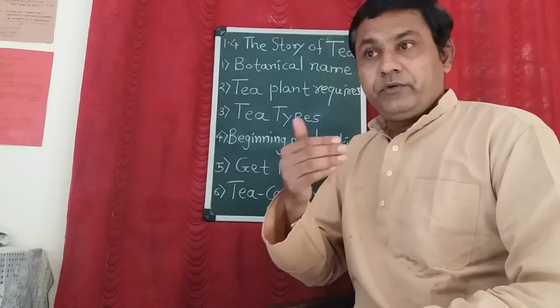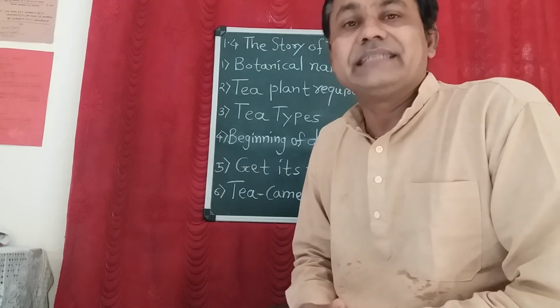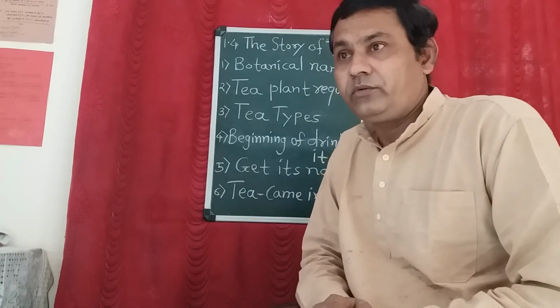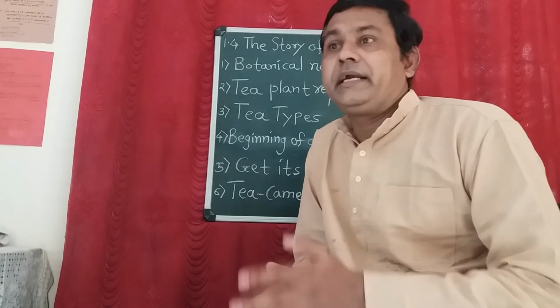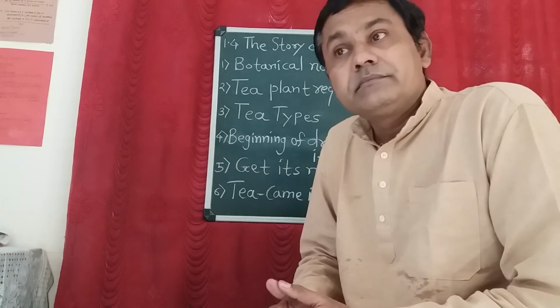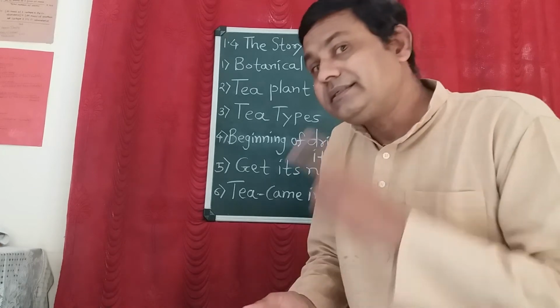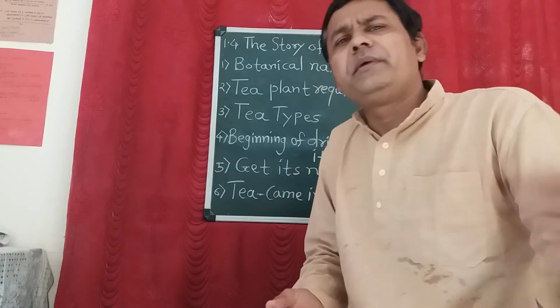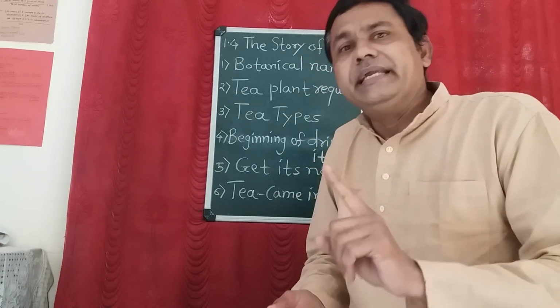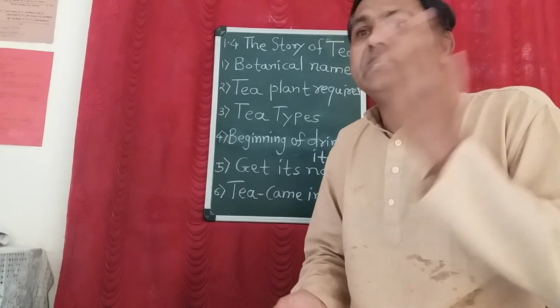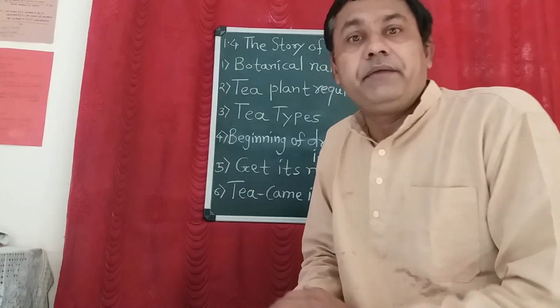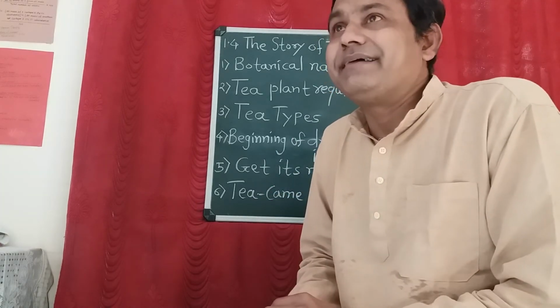But we were not drinking it as a beverage, which is the most popular beverage in the world after water, that is tea. So Indians were not using it as a beverage every morning and evening.